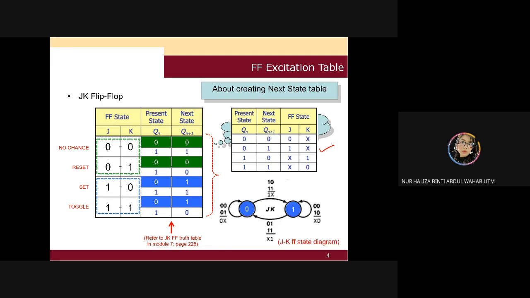Next, by getting this next state table here, by getting this table, you're going to draw your state diagram. Your state diagram, you're going to have your present state of 0, and then your next state is 0.